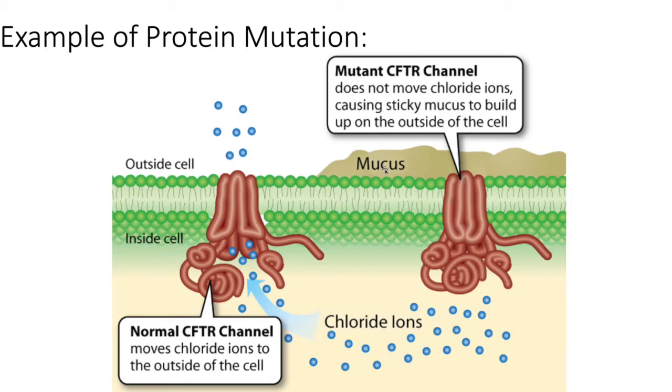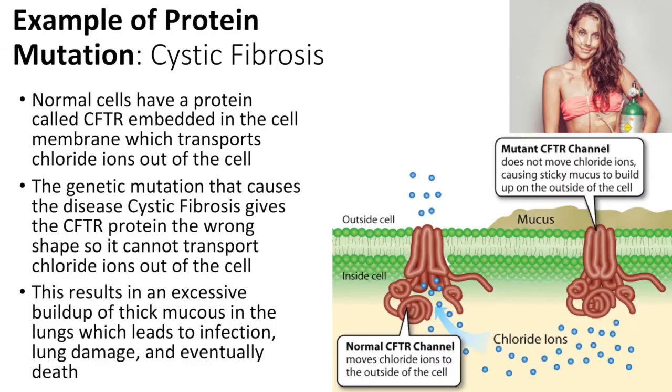And what happens is a buildup of substances on the outside of the cell that normally would rinse away from the movement of those chloride ions. Much like if your hose is blocked up, you're going to get a bunch of gunk building up on the outside. And as you might have guessed from the letters here, this is the protein involved in cystic fibrosis. Since I flipped my lecture, I wasn't able to talk about it earlier in the unit.